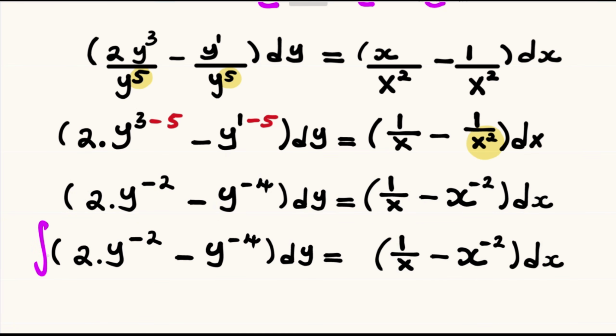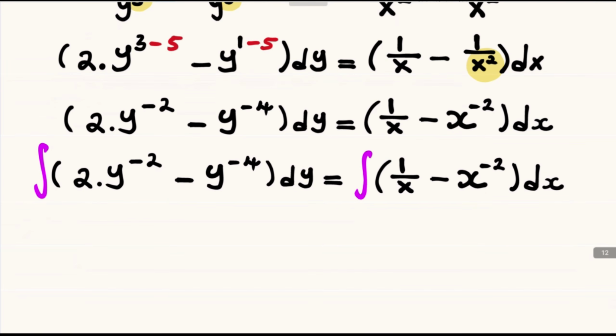On the left hand side, we integrate with respect to y, and on the right, we integrate with respect to x. So let's integrate the left. We have 2 multiplied by the integral of y to the power negative 2, which is just y to the power negative 2, but we add 1 to its exponent, and we divide by the new exponent, the negative 2 plus 1.